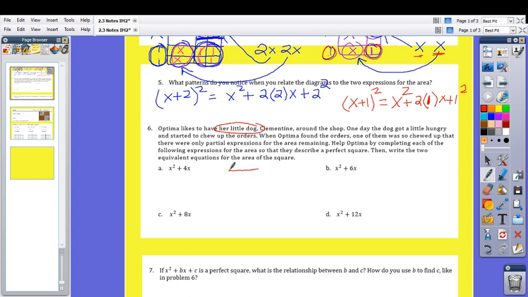So let's do that. So this is our x squared tile. So this is x squared. Now these are 4x tiles. So remember we said we split it into halves. So 2x and 2x. One of the 2x will go here and one will go here. So we will say x and x and x and x.